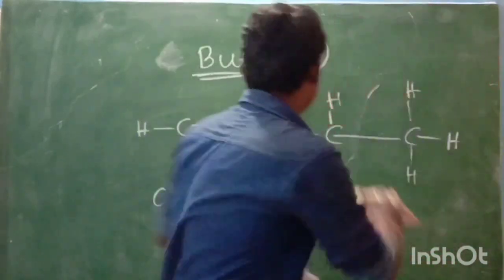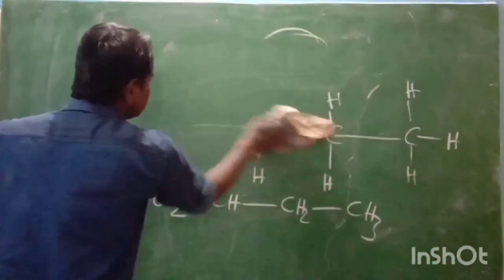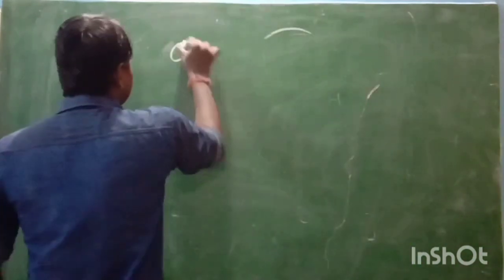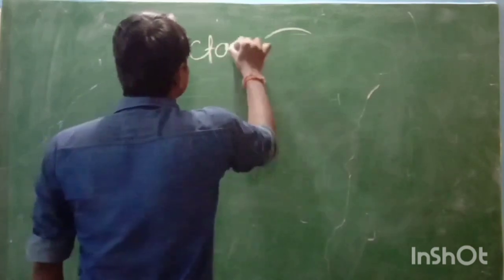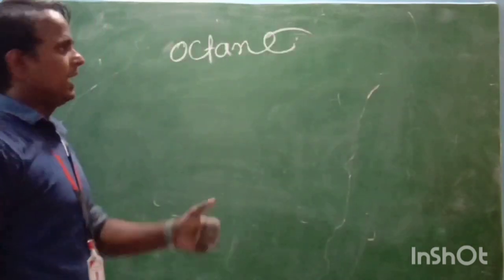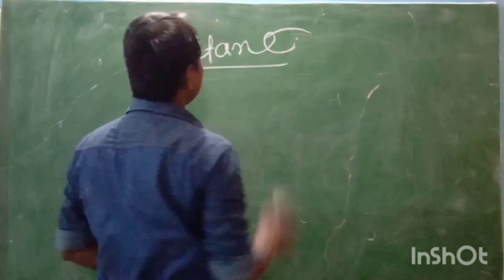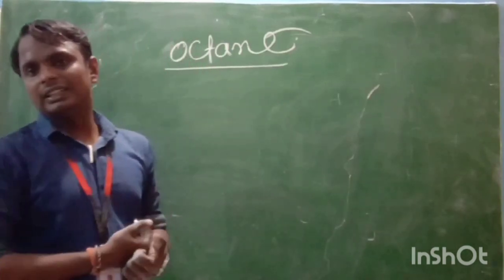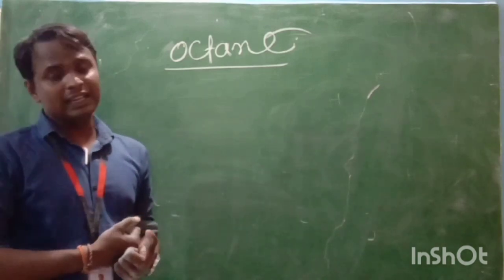Let's take another example. Oct-ane. Again I repeat, this is an alkane. We easily say that it's an alkane.